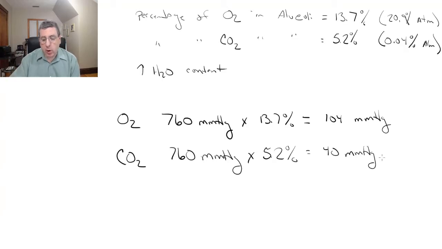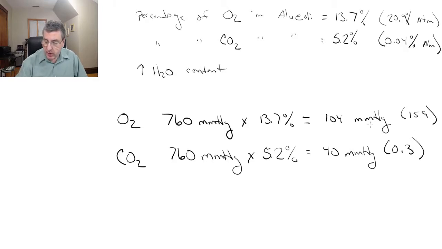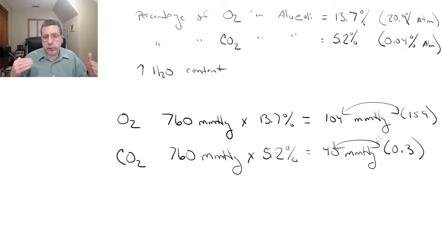And before, if you recall, this was 0.3%. This was 159 previously. So you can see a significant difference from this one to this one, and from this one to this one. So you can see how the difference comes off.